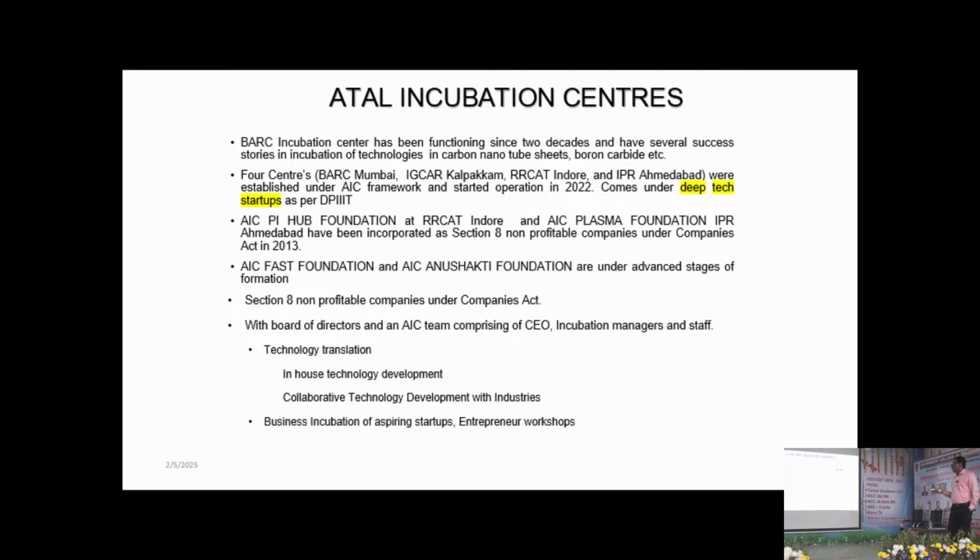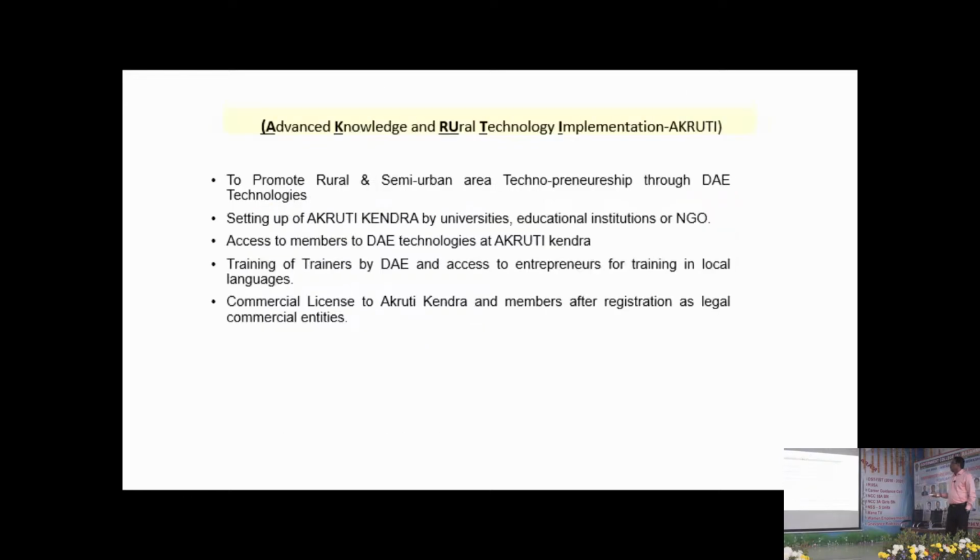So I'll skip these things. At RRCAT they are doing well, there is a Section 8 company, AIC Pi Hub, and AIC Plasma Foundation at Ahmedabad IPR, and at BRC, AIC Anushakti Foundation is shortly being commissioned.